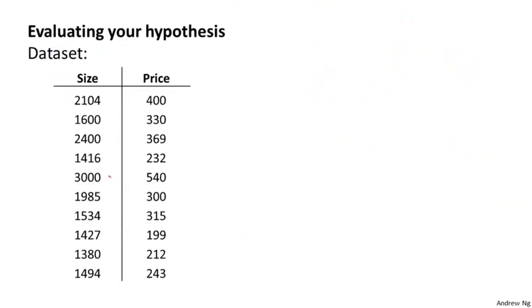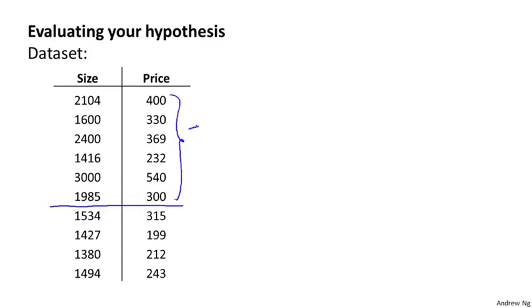To address this problem in a model selection setting, if we want to evaluate a hypothesis, this is what we usually do instead. Given a data set, instead of just splitting it into a train and test set, we're going to split it into 3 pieces. The first piece is going to be called the training set as usual.